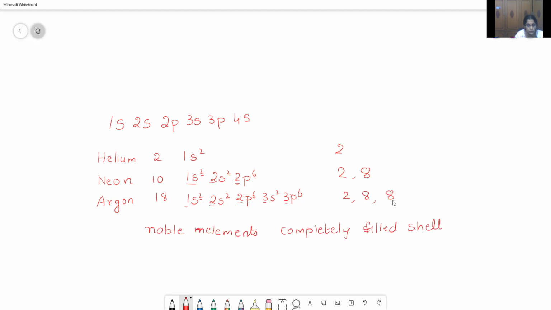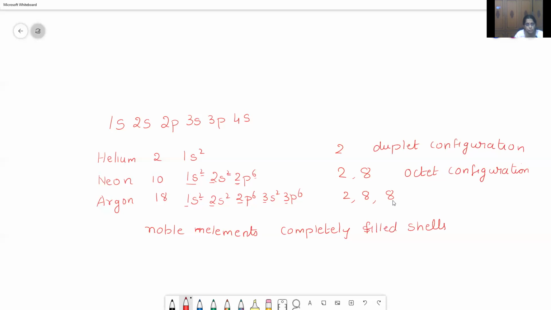So the shell where all 8 electrons are filled is called octet configuration.